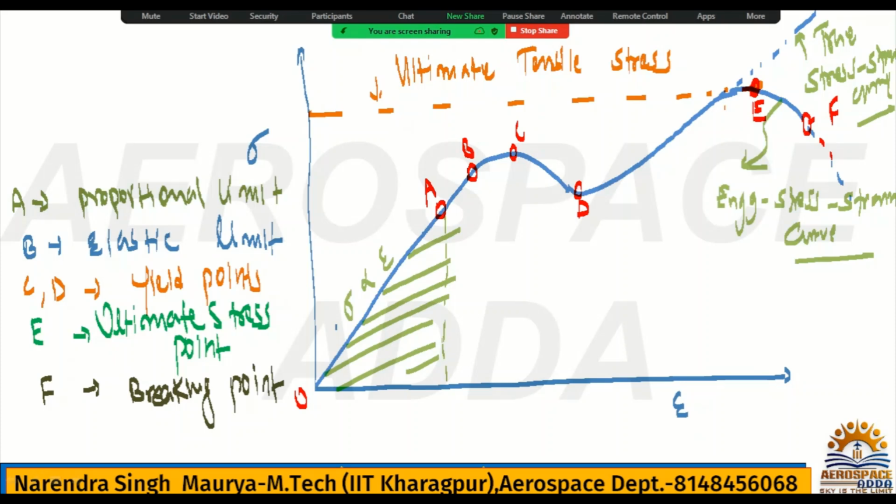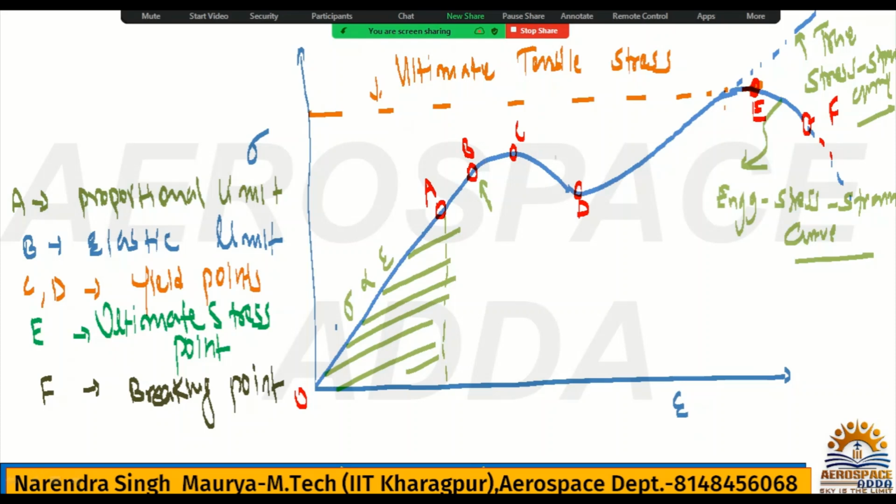Okay, so the point B is slightly beyond point A. You can see here in the diagram, this point B is slightly beyond point A and is known as the elastic limit, up to point B. But if you go ahead of B again, then you will get the yield point. Each and every point is very important, so listen carefully. From point C, plastic deformation starts.